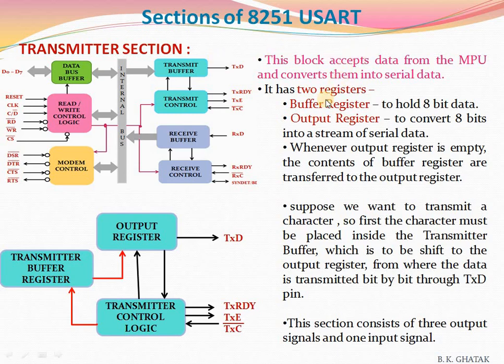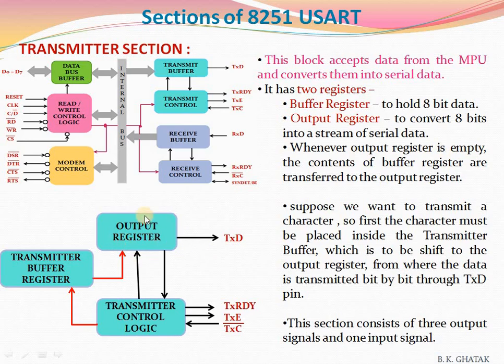It has 2 registers, one is known as buffer register and the other is known as output register. Buffer register can hold 8-bit data and the output register can convert that 8-bit data into a serial format. So we can easily transmit that serial data bit by bit whenever the output register is empty.